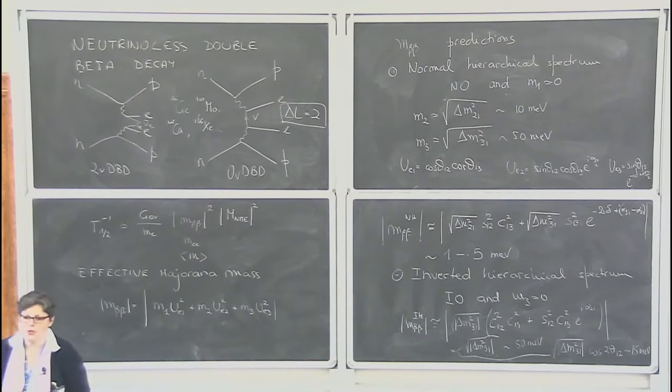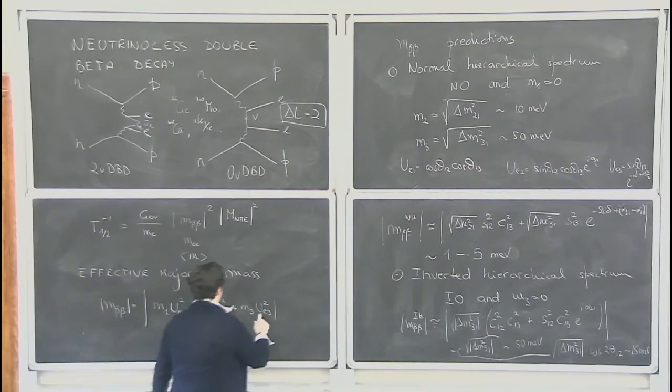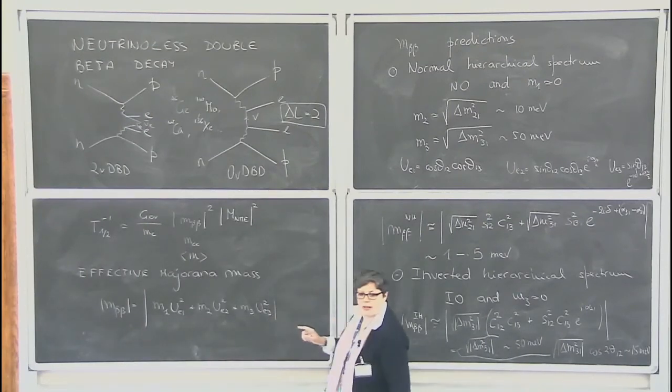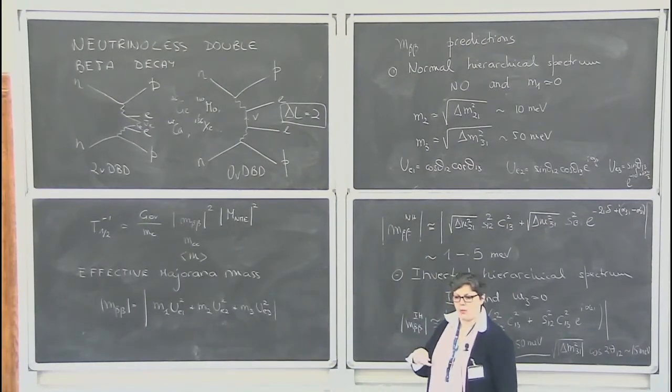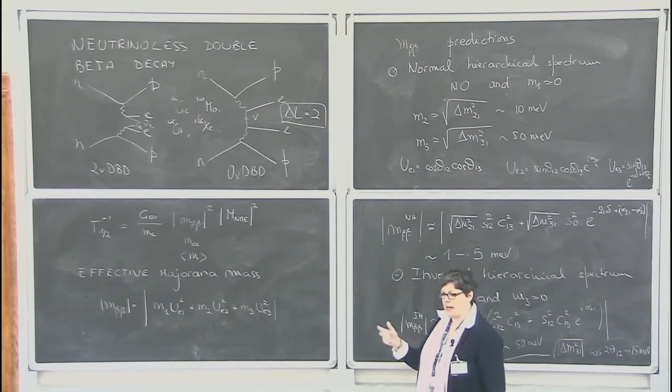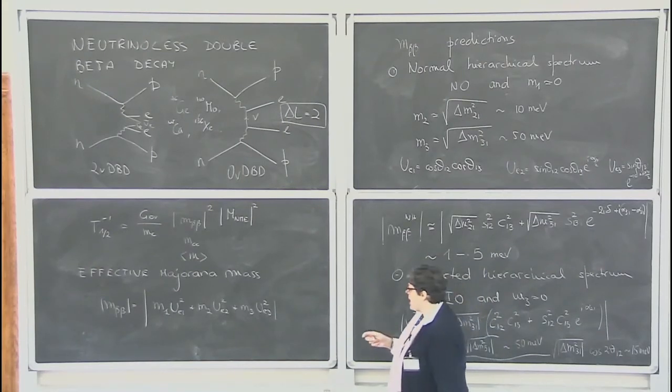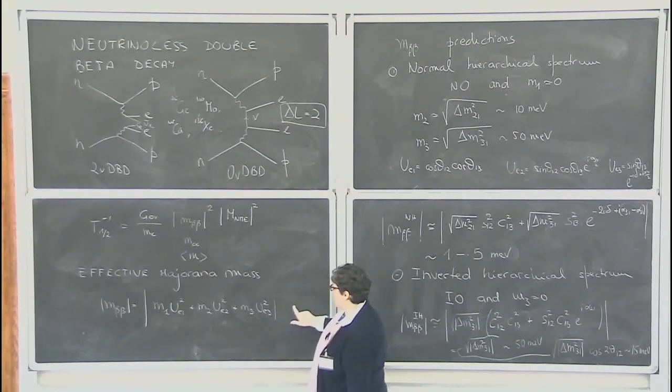There are also situations in which I extend this scenario, in which I have, for example, additional light degrees of freedom. In that case, here the sum continues. If I have the light sterile neutrinos that some people asked me about, the ones for which we have hints from LSND, MiniBooNE, etc., then here I have a plus and the contribution from these other light states.